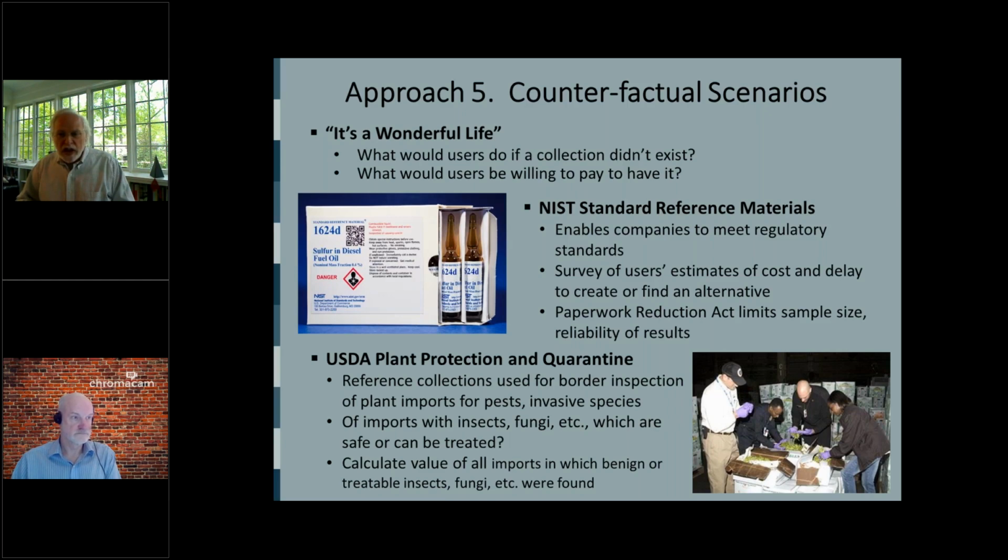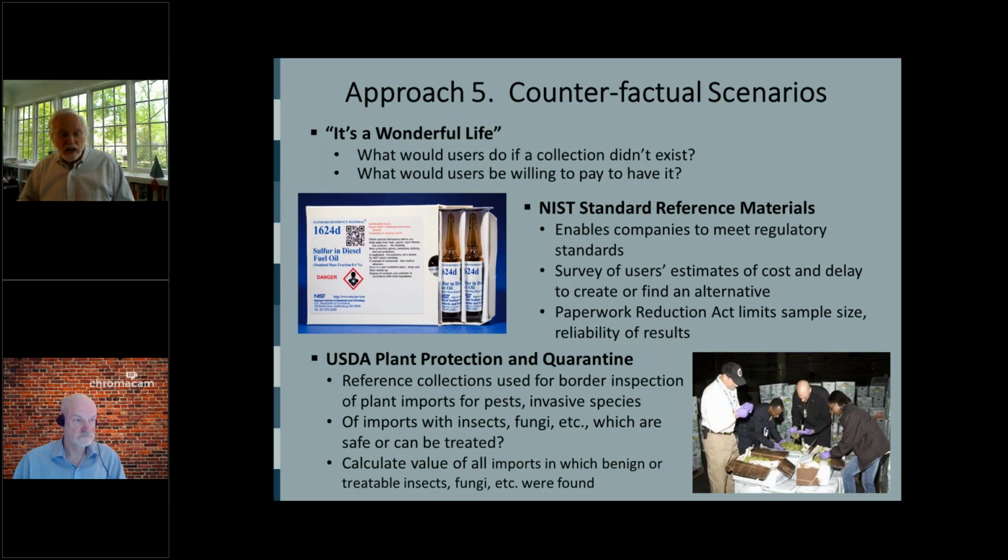The collections allow them to categorize them. So if something is infected but harmless, they can let it in. Or if it's in the second category, they can treat it and let it in. If it's in the third category, they have to destroy it or turn it back.